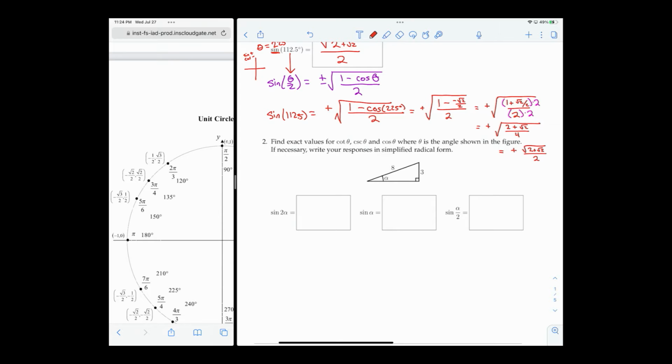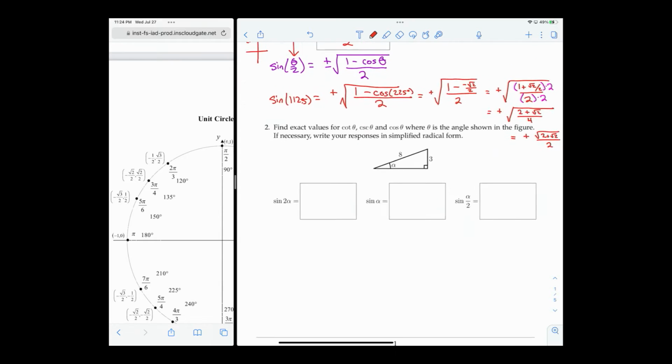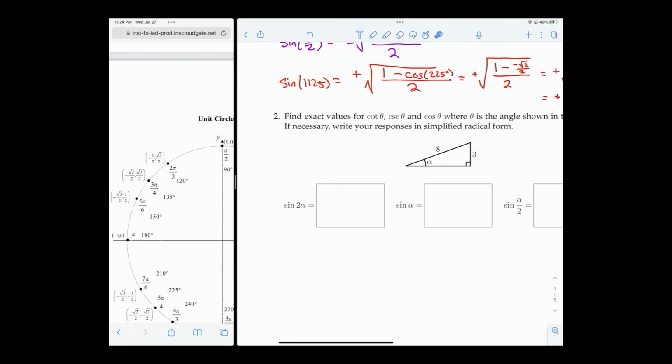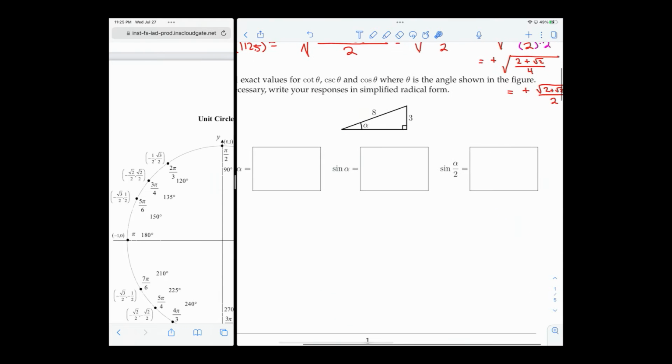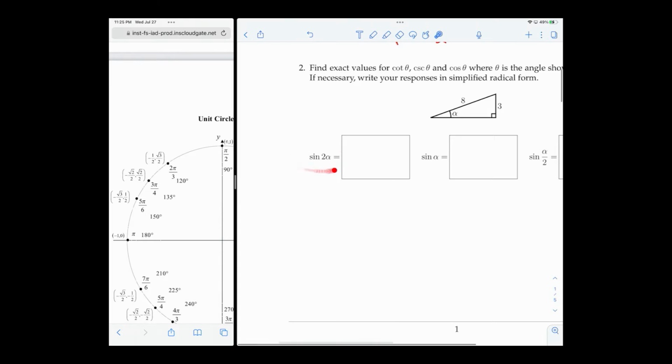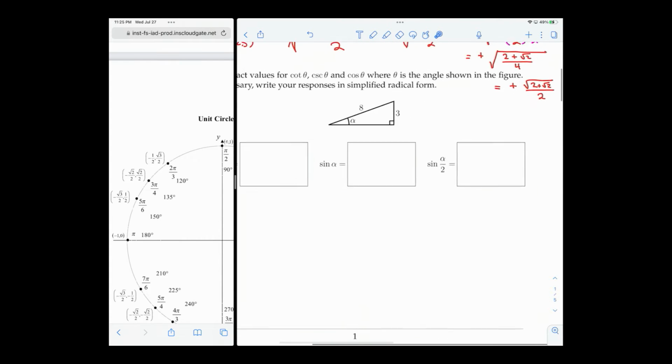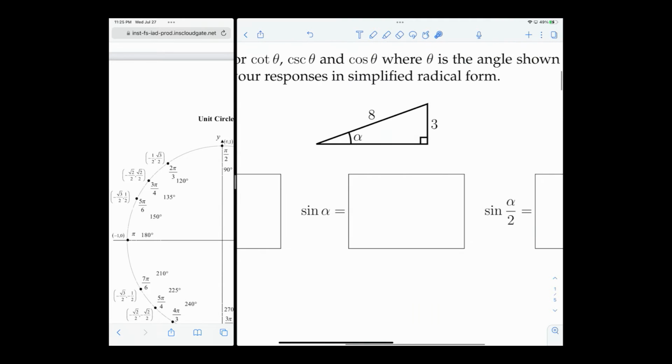Now, problem 2 is actually pretty similar. If you look here, we've got sine 2 alpha, sine alpha, and sine alpha over 2. So you have to use one identity for sine alpha over 2, actually the same one that we just used. You'll have to use a different identity for sine 2 alpha, a double angle formula. And for sine alpha, we're not going to have to do anything. In fact, if we look at this little triangle, you can see where alpha is.